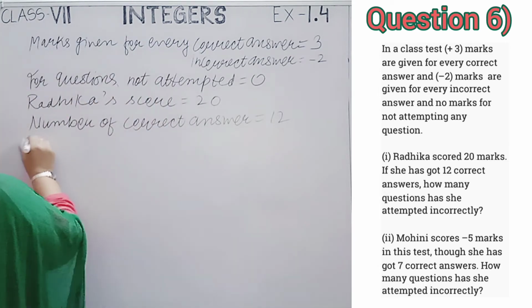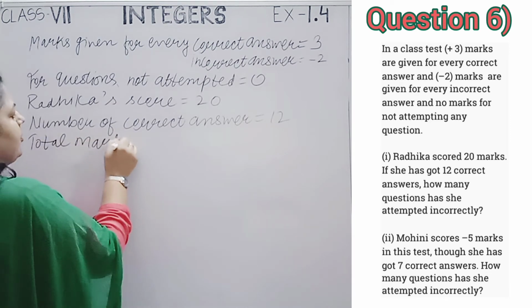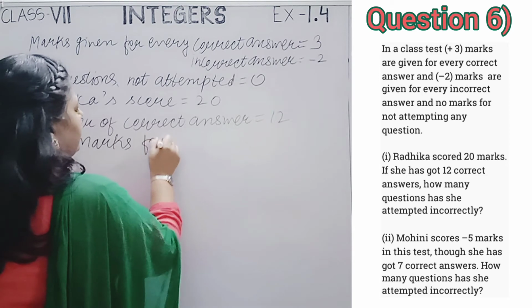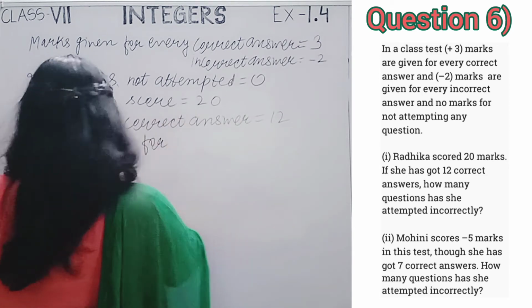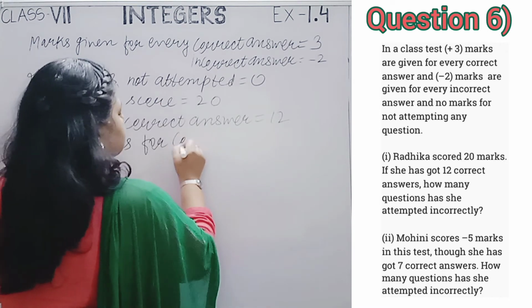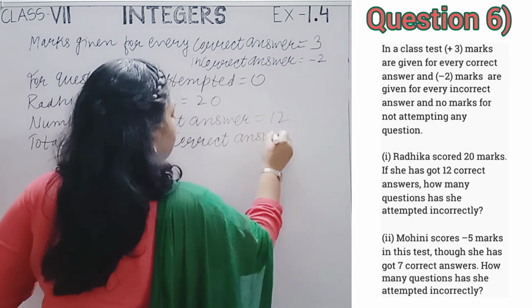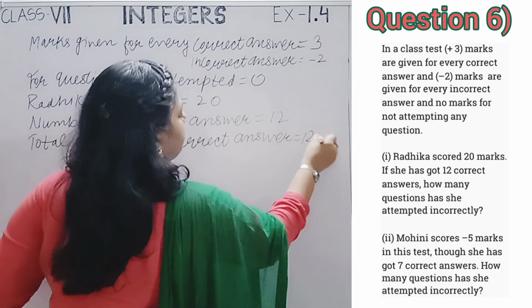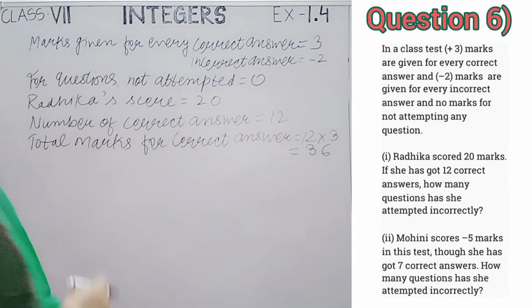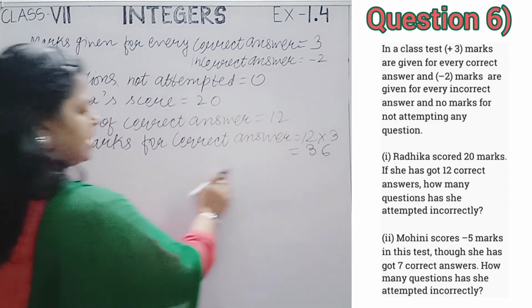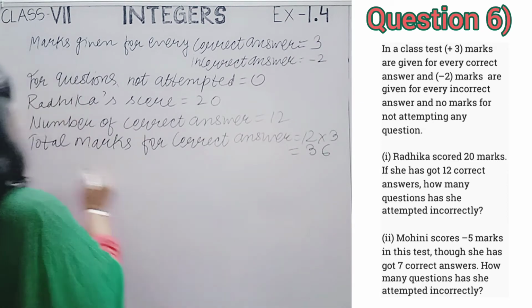So total marks for 12 correct answers, 12 into 3, that is 36. Now total marks for incorrect answers we have to find out.